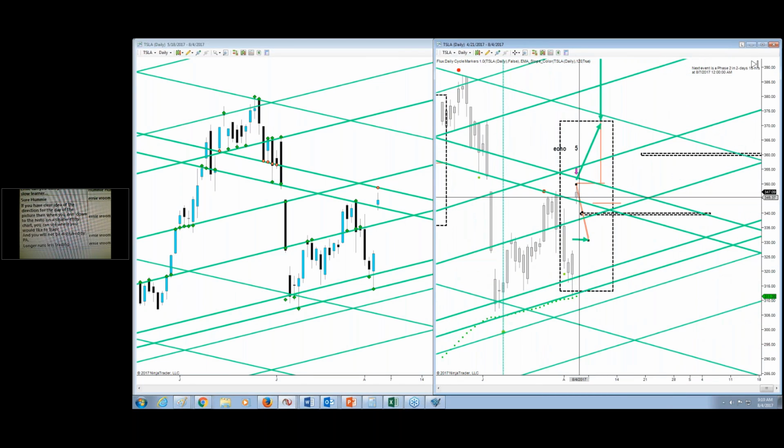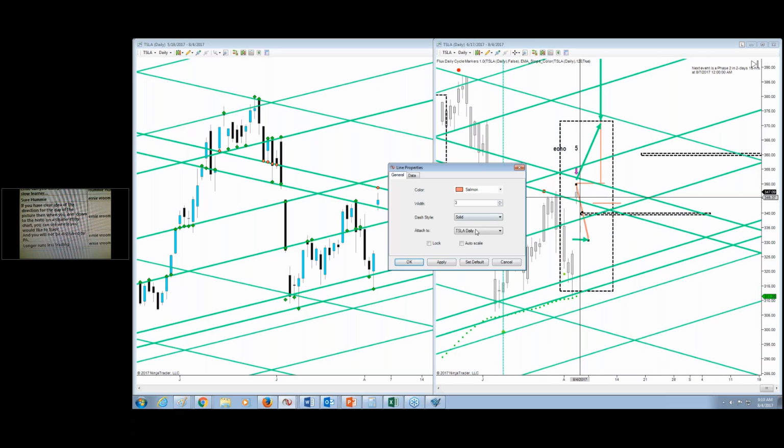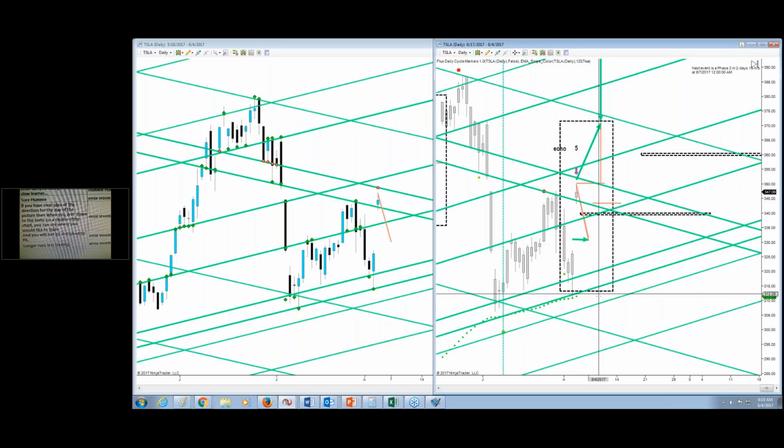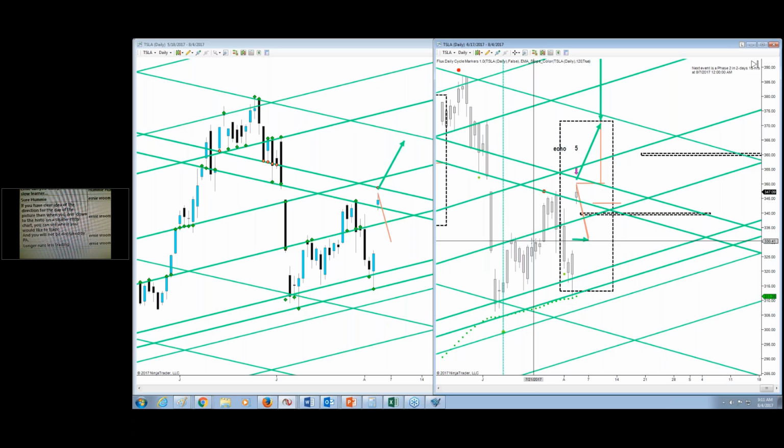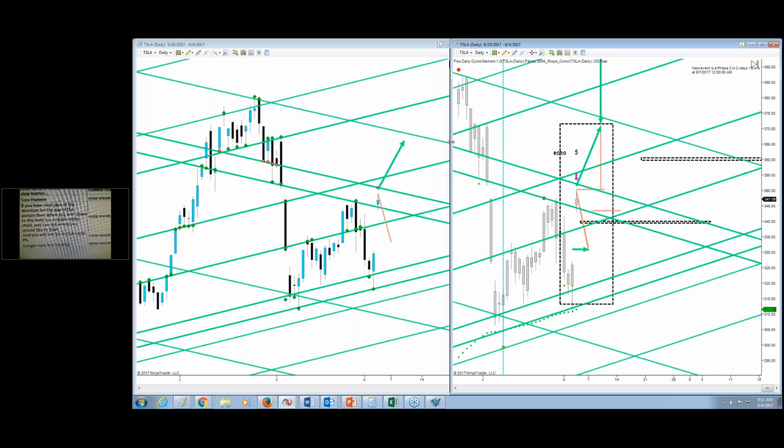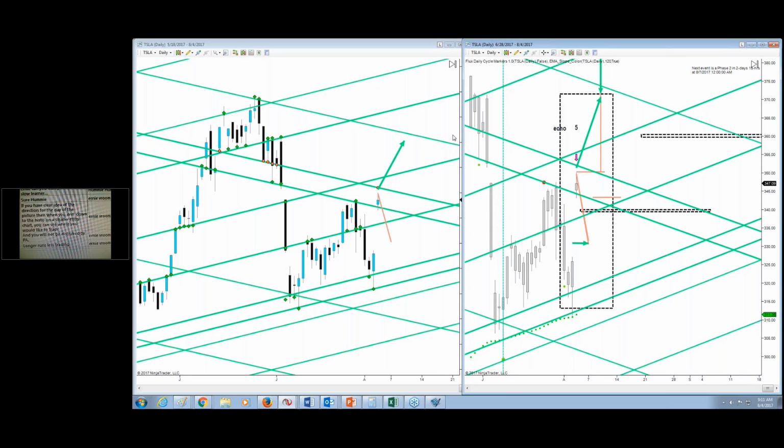If it pulls back, and if it goes up, which one of the two seems like a more probable outcome based off of where we drew those two lines?